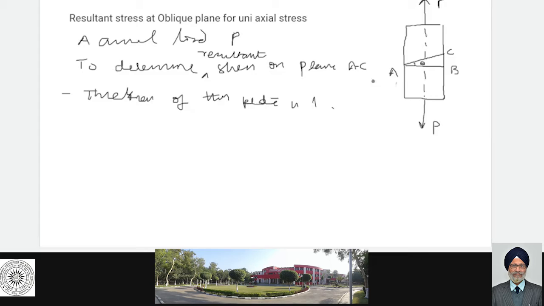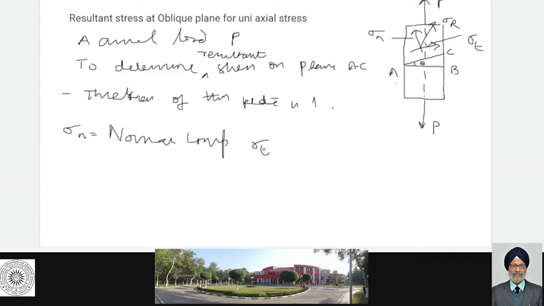So on this plane there will be two components. One is a normal component and another is a tangential component. So this is a normal component sigma n which we have discussed, and this is the tangential component, and there will be a resultant component sigma r. Sigma n is the normal component of the stress which is produced.